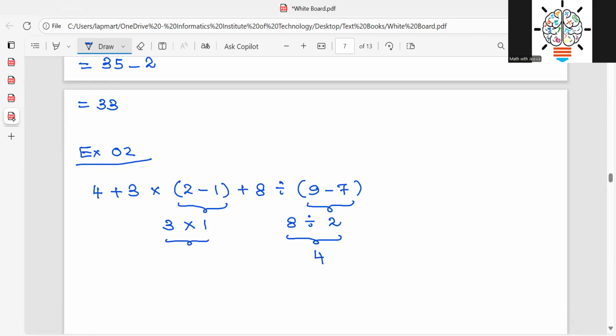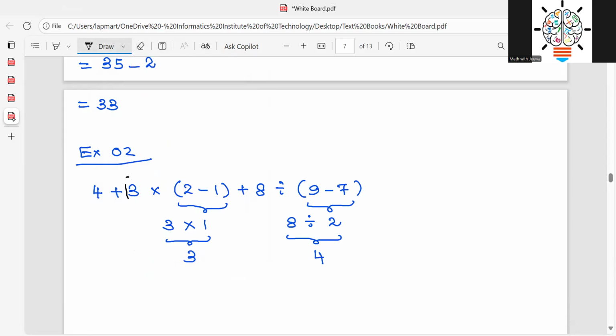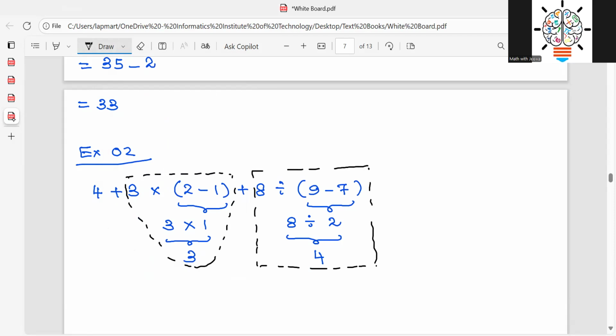What is the answer? 3. Right? So now you just think that this is one portion like this, and this one is another portion. Right? So then I have simplified them step by step.